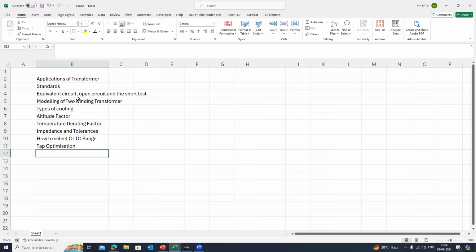And then we will see some load flow study cases with the results. So these are the topics which I am going to cover as far as the transformer modeling is concerned for the ETAP. I hope this is clear, right?